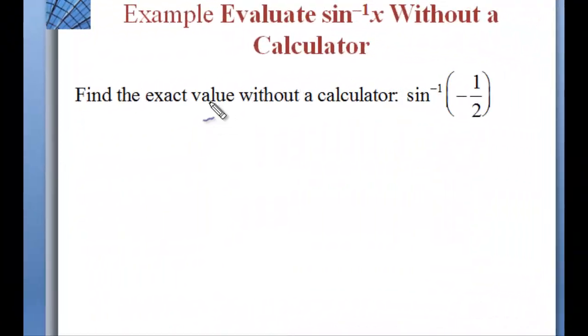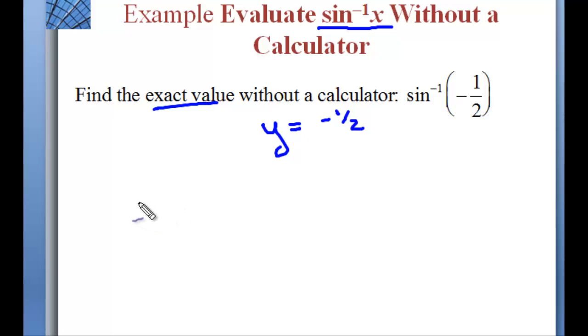Let's look at what it means to evaluate the inverse sine of x or arcsine of x without a calculator. So to find the exact value of the inverse sine of negative 1/2, what it means is where on the unit circle does y equal negative 1/2.